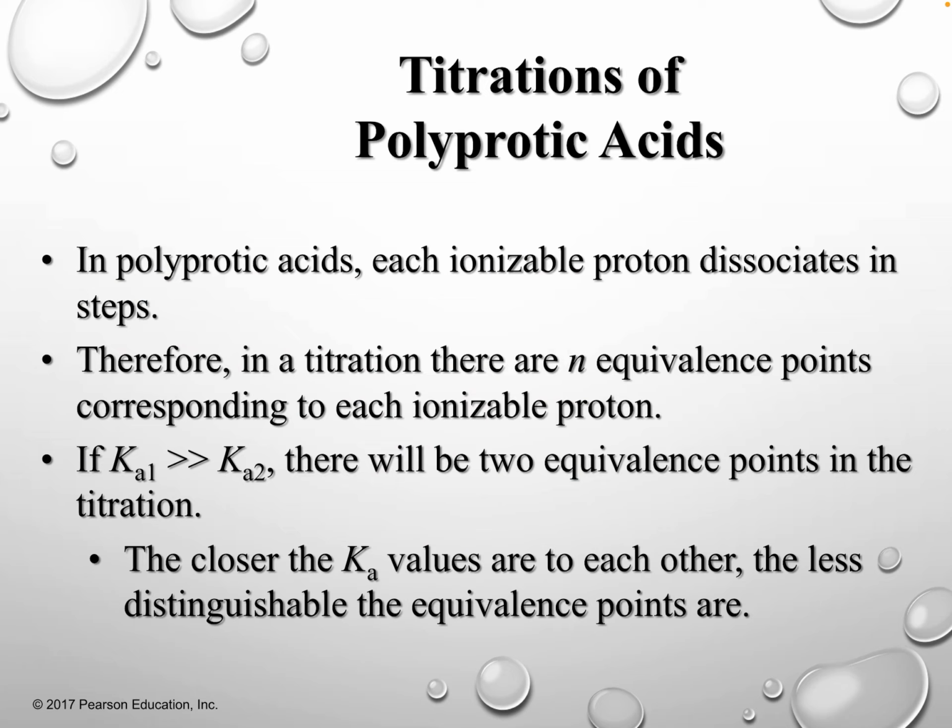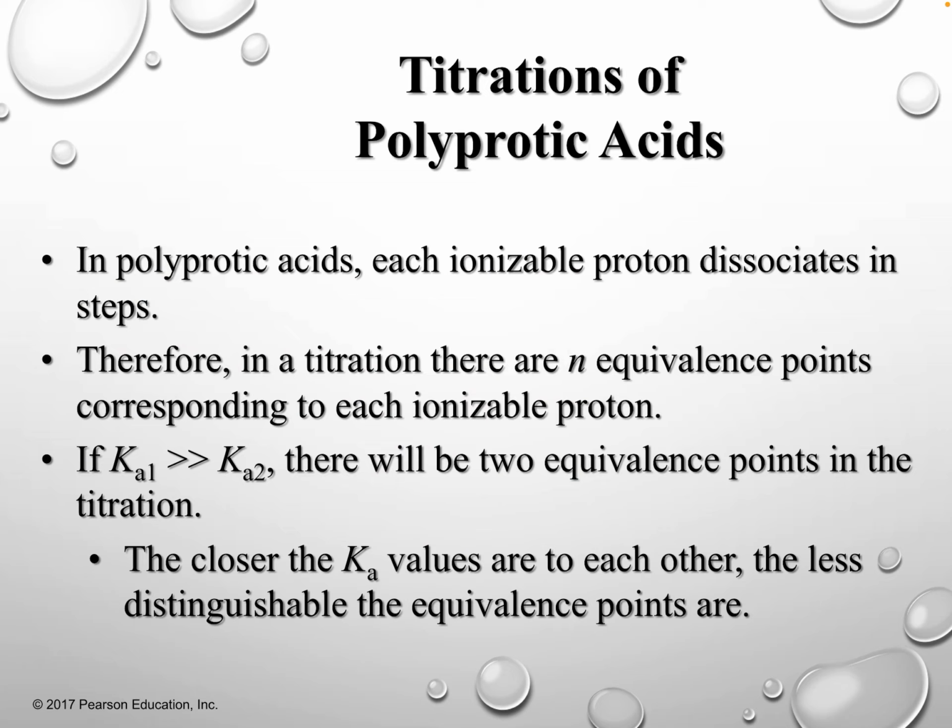Okay, and so we won't just have one equivalence point, we will have 2 or maybe 3 equivalence points. Each one of those ionizable protons gets their own equivalence point. They get their own inflection point in the curve. And usually these Ka values will be very different, and you'll see very distinct curves.